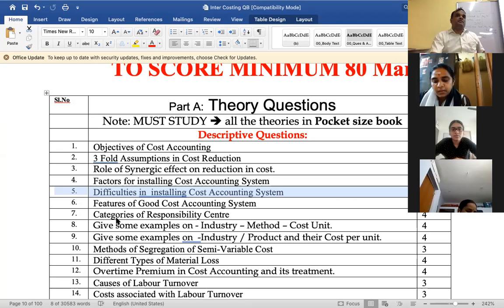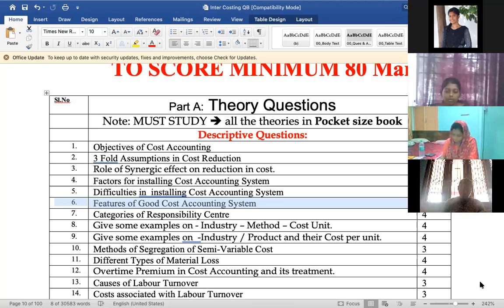Page number 6, 7. Okay. Then features of a good cost accounting system. It should be tailor-made. Very good.